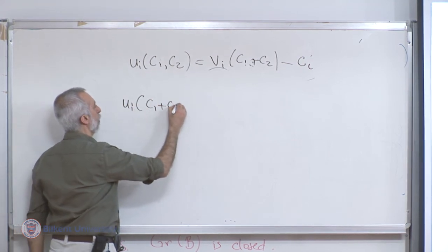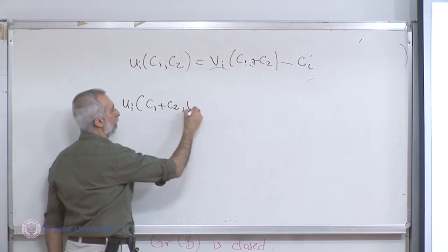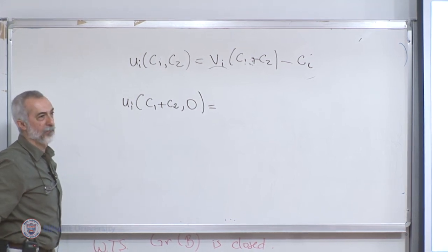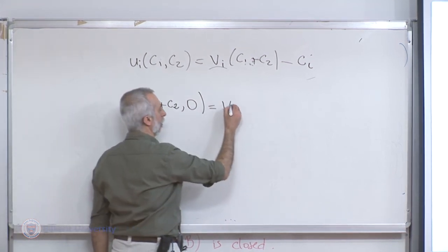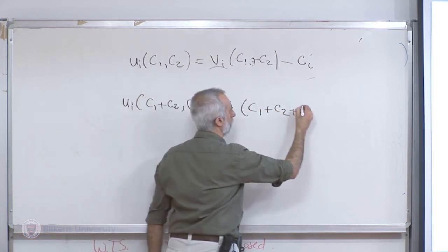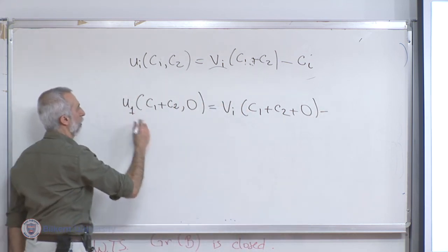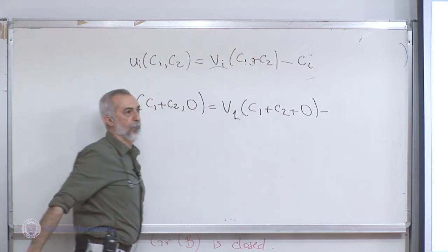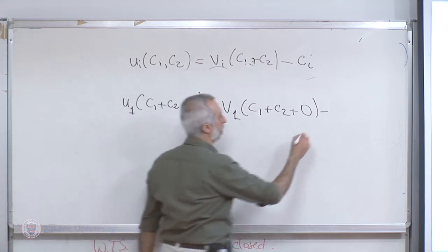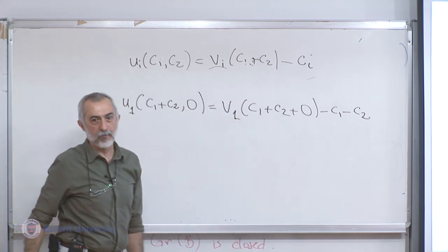One observation that you can easily make is that Ui of (C1 + C2, 0) is equal to minus C1 minus C2, right?